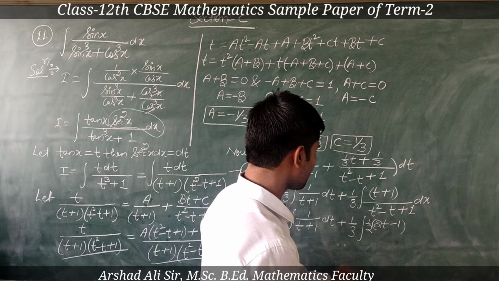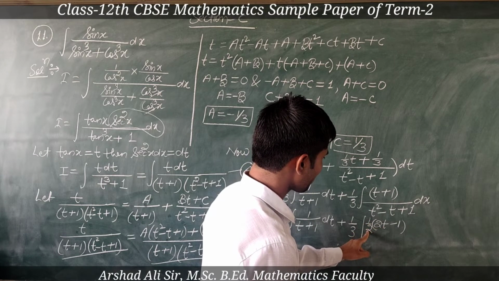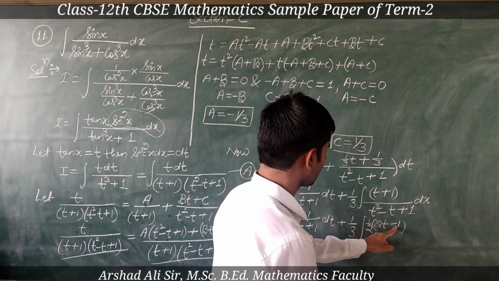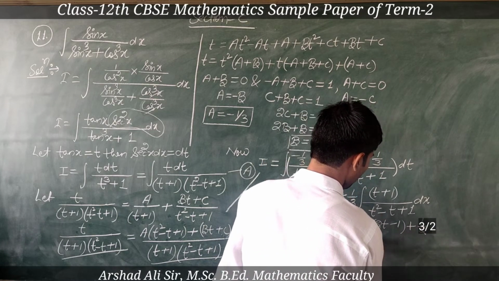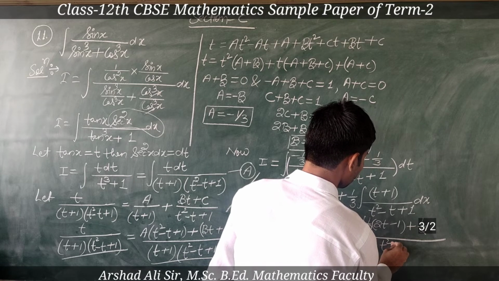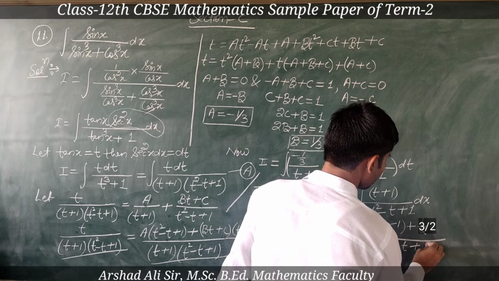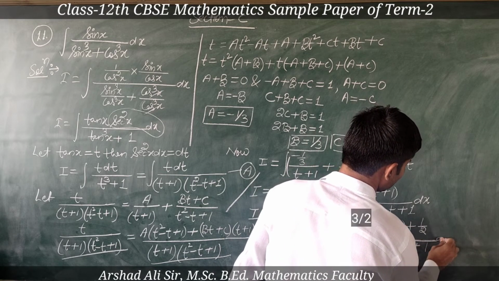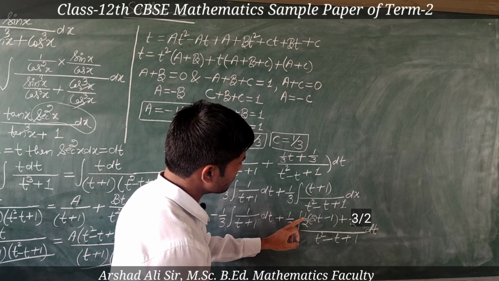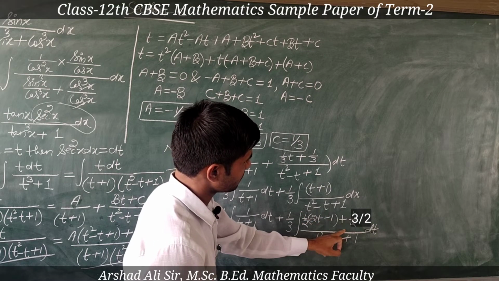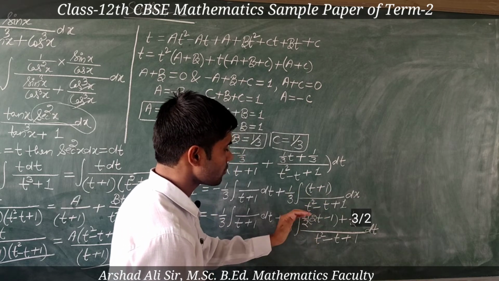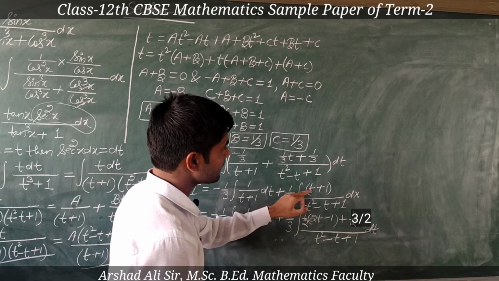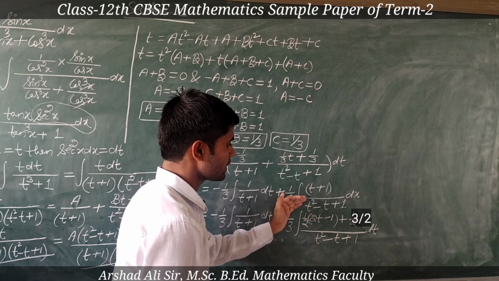So here we get (t minus 1) upon 2. So we will have to add plus 1 upon 2 upon (t square minus t plus 1) dt. If we write in the numerator 1 upon 2 into (2t minus 1) plus 1 upon 2, it will be equal to t plus 1. Why are we writing this? Because we want to make in the numerator the differentiation of the denominator.